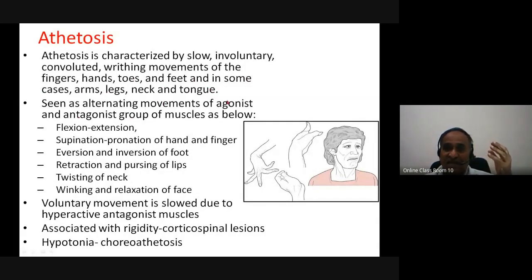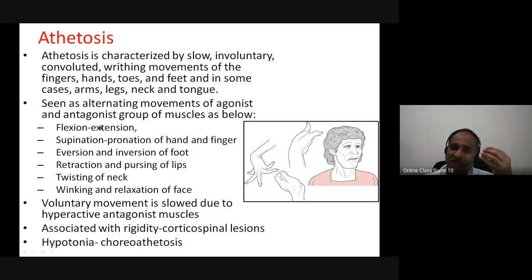It is seen in alternating movements of agonist and antagonist groups of muscles. That is flexion or extension, supination, pronation. Slowly, it will not happen like this. Slowly like this, unpatterned. Athetosis, slow writhing movements. The eversion and inversion of the foot, retraction and pursing of lips, the twisting of the neck, the winking and relaxation of the face.